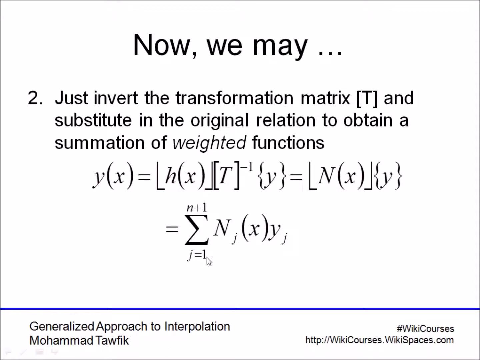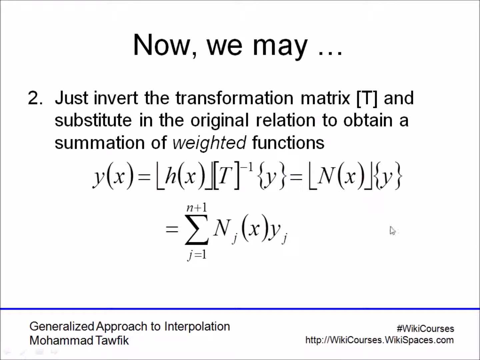Now you have each of these N's multiplied by a corresponding value of y. That's again just like the Lagrange interpolation method. So this is what we usually use in finite element analysis. Again, the steps are straightforward. Just select any nth order polynomial, create the transformation matrix by substituting different x's, and then invert it. But instead of multiplying it by y, multiply h by it.